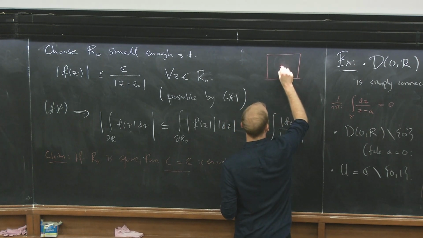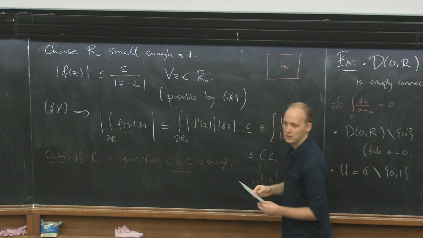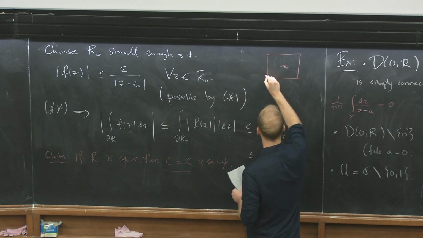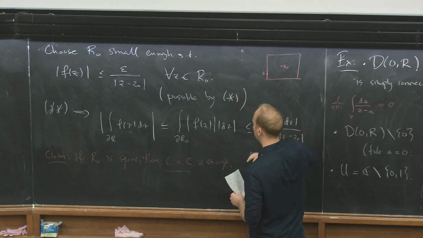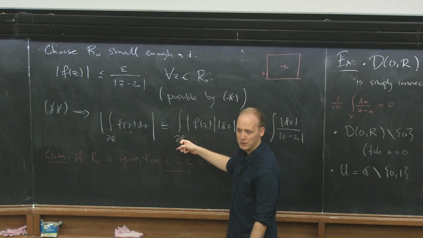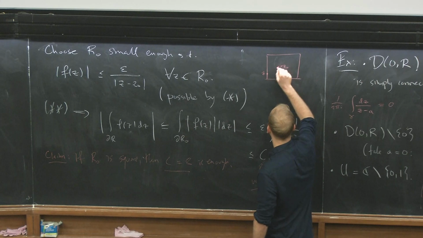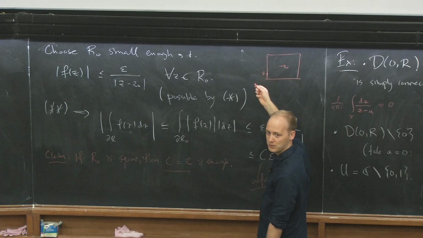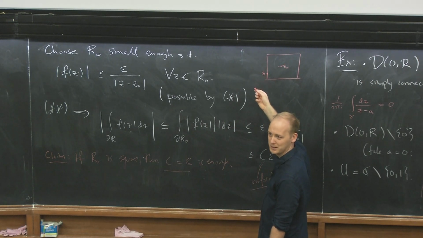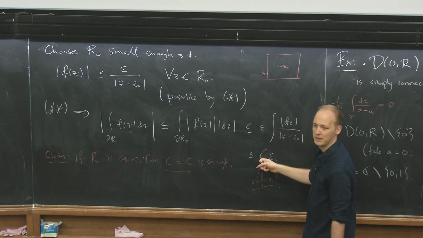you have this picture here, you have Z0. You can assume it's in the middle of the square, just to see what I mean. And Z here is on the boundary, right? Because I'm integrating over the boundary of R0. So Z is here. So, of course, there is a bound for how close together Z and Z0 can be. And this is all I'm saying, right?